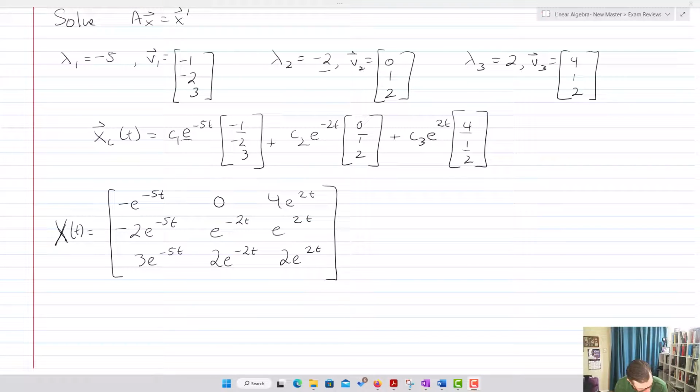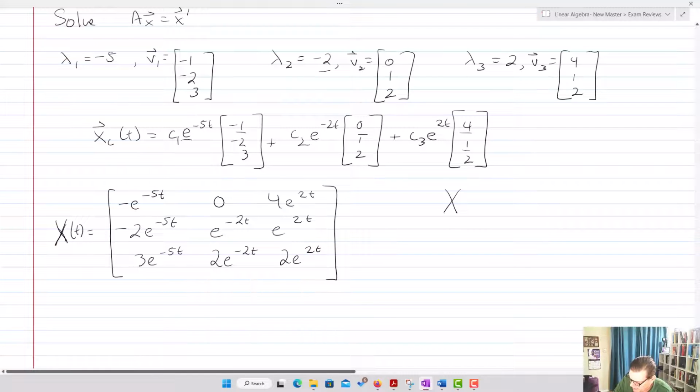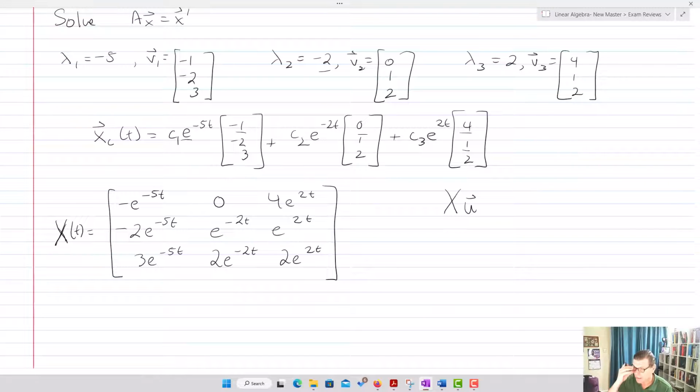Now recall that for our solution, we're going to need this fundamental matrix X times u, where u is some set of equations, is going to equal xp. That's going to be our particular part that we're going to add to our complementary part.